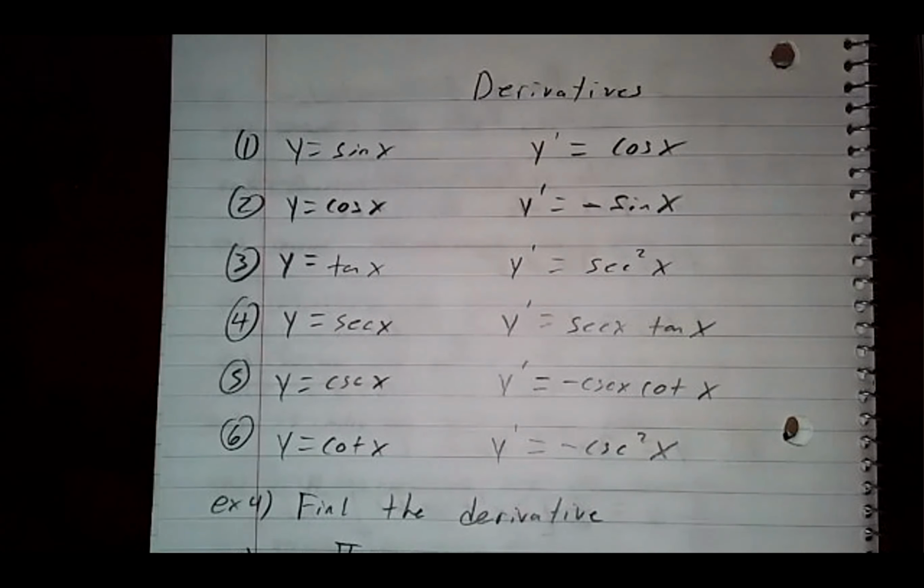All right, let me get there. 3.1, 13. Delta x, if I'm not mistaken. Just find the limit of f prime of c for a function f of x and the number c.